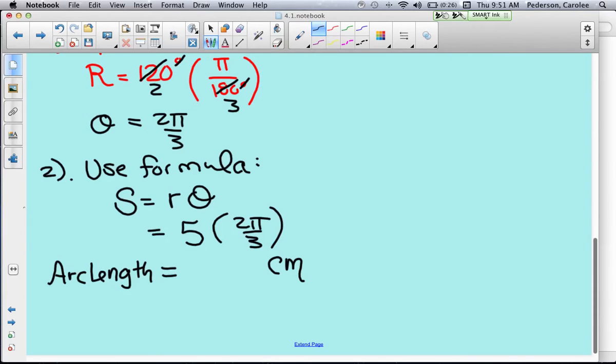And we have units going on in there, so we want to make sure we have the correct, proper units. So what is the arc length of that segment? What is it? 10.47, do we agree? Centimeters.